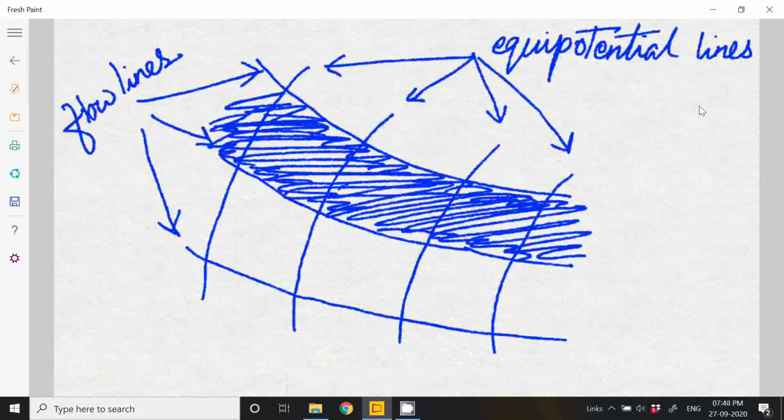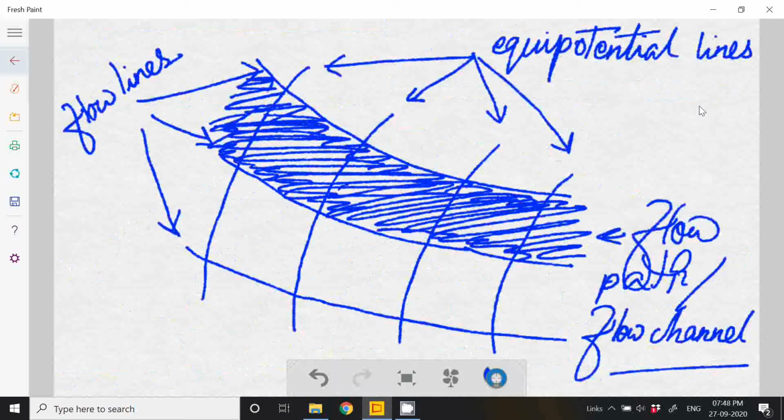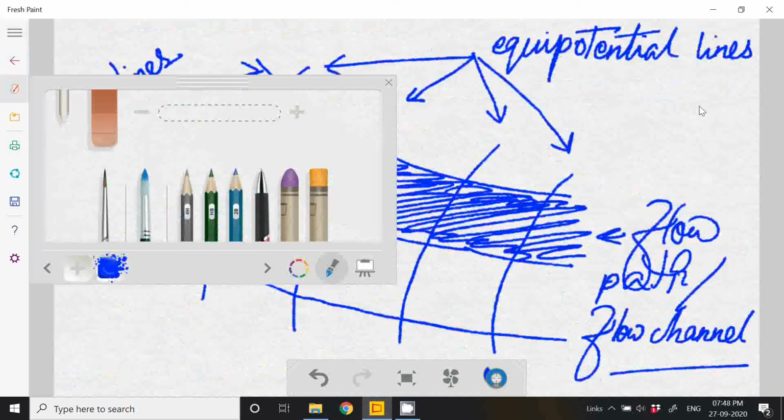This is called the flow path or flow channel. Let me erase it and continue with this diagram.